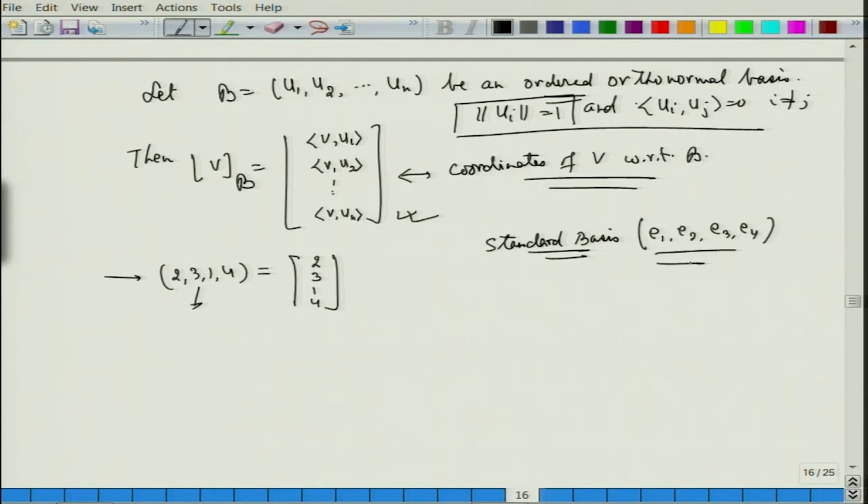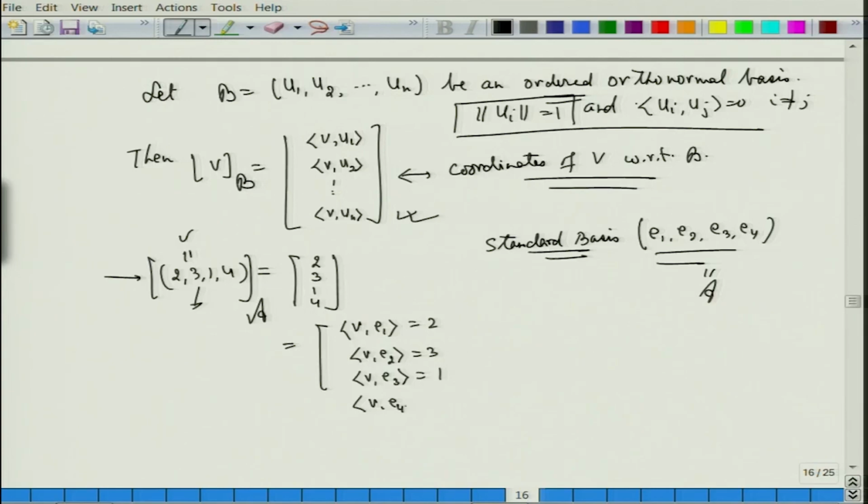So if I look at the standard basis as my A here, then this with respect to A is basically B. Why is this? Because if I write this vector as V, then V comma E1 will give me 2, V comma E2 will give me 3, V comma E3 gives me 1, V comma E4 gives me 4, alright, or this is what I am writing here, fine.